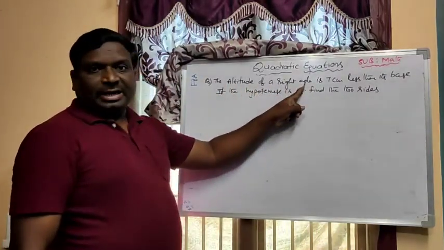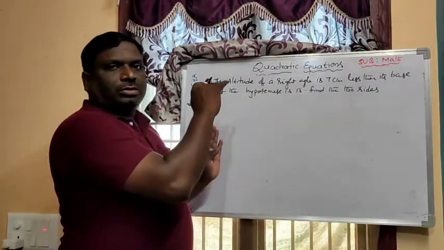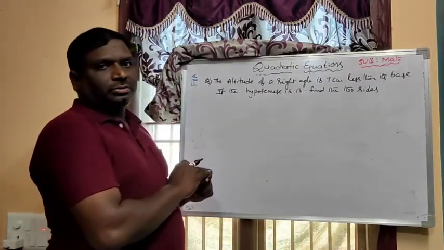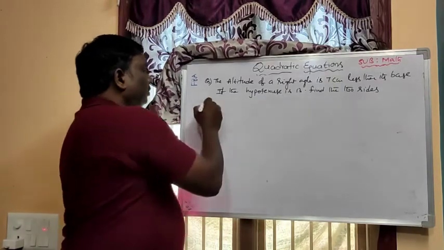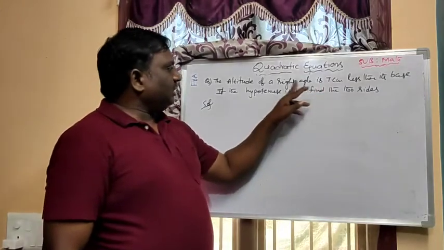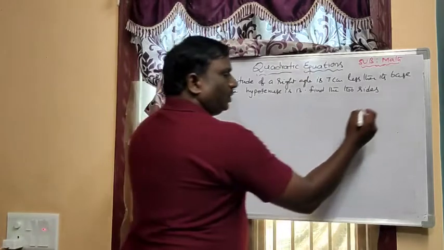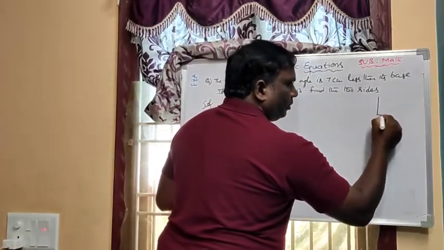Altitude of a right angle triangle. So the total problem is going in a right angle triangle. The altitude is 7 centimeter less than its base. Draw a right angle triangle here.